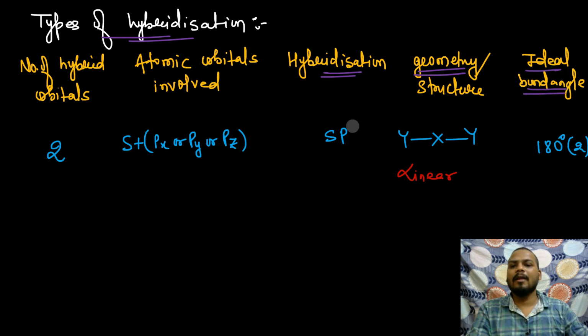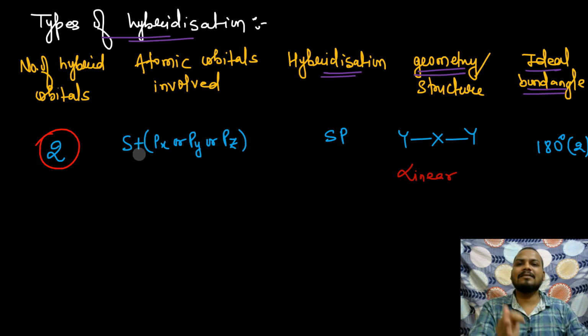If the number of hybrid orbitals is 2, then the atomic orbitals involved are s and p orbital. P has 3, px, py, pz. Therefore, any one of them goes for intermixing.